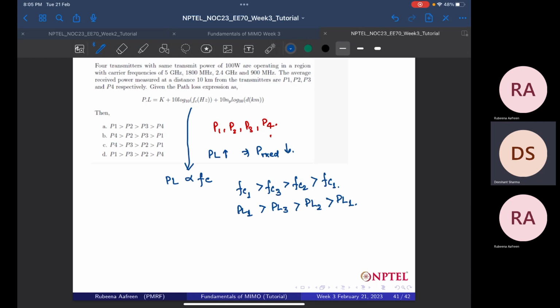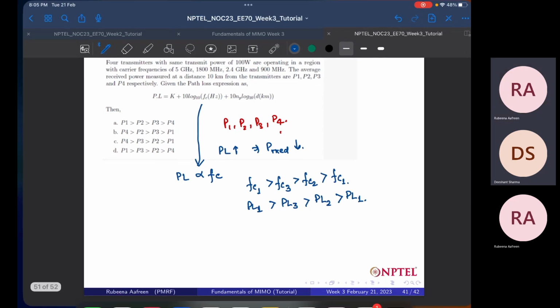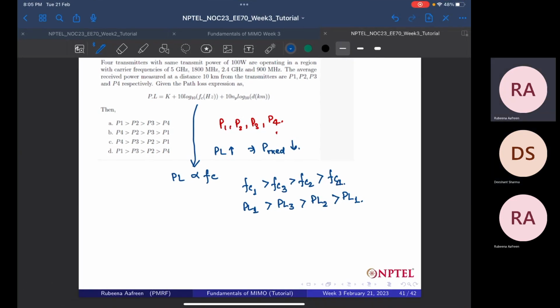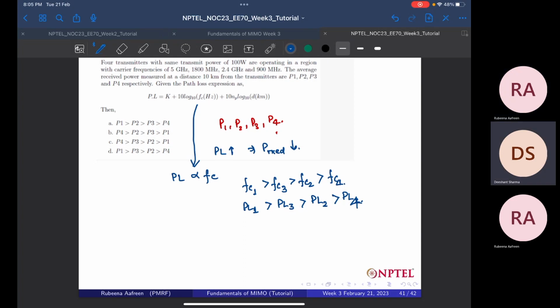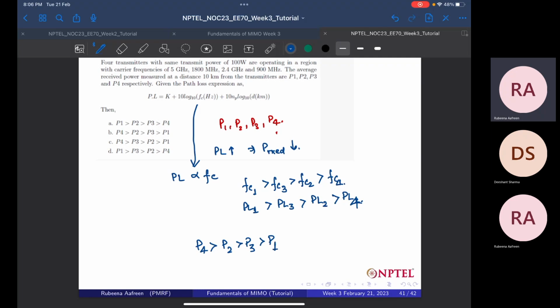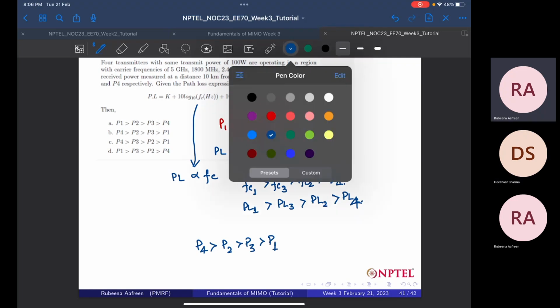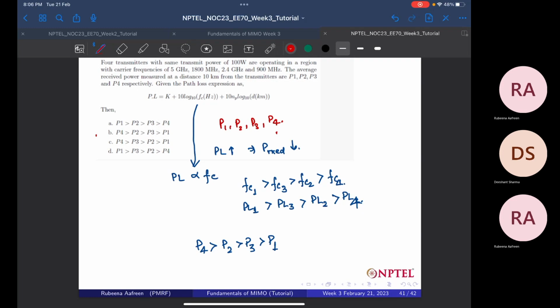So received power for 1 is greatest, then 2, then 3, then 4. Okay, so this leads to option B. Great.